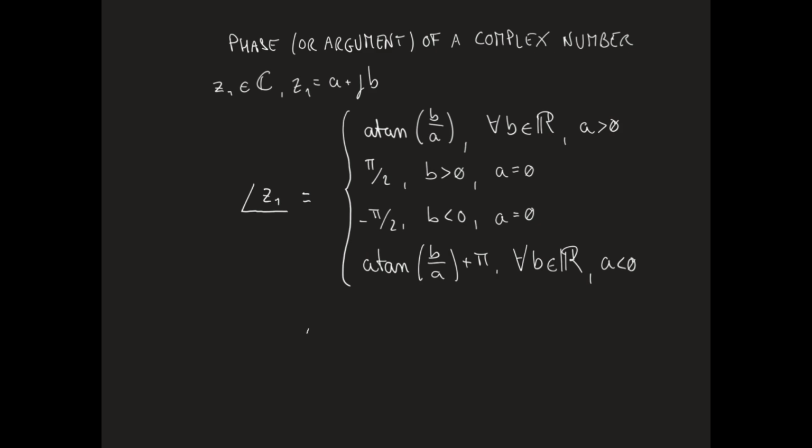The phase of the complex number 0, or 0 plus j times 0, is not defined.